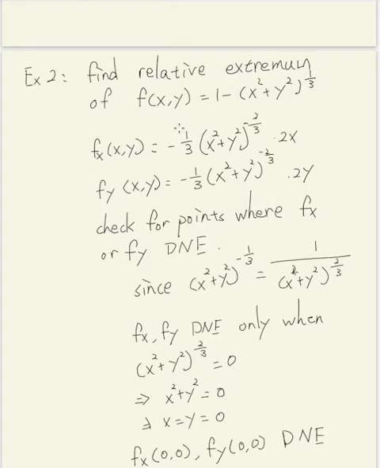but it's not too hard to graph. If you look at the cross sections, if you cut it horizontally, I mean, the traces on planes parallel to the xy plane, you'll realize that c equals 1 minus (x squared plus y squared) to the 1 over 3. That means x squared plus y squared equals some constant, and that gives you a circle. So the cross sections on planes parallel to the xy plane are circles.